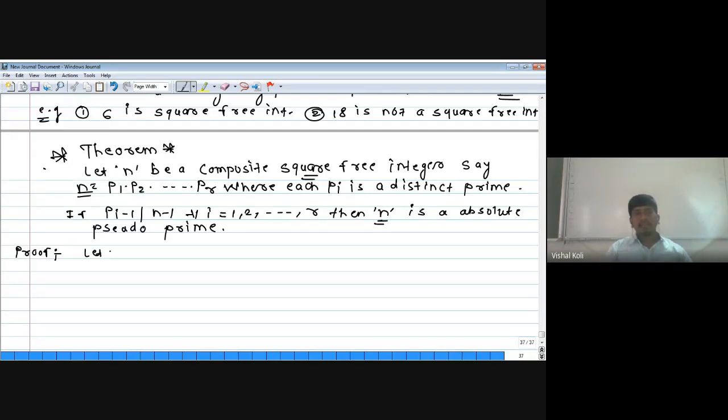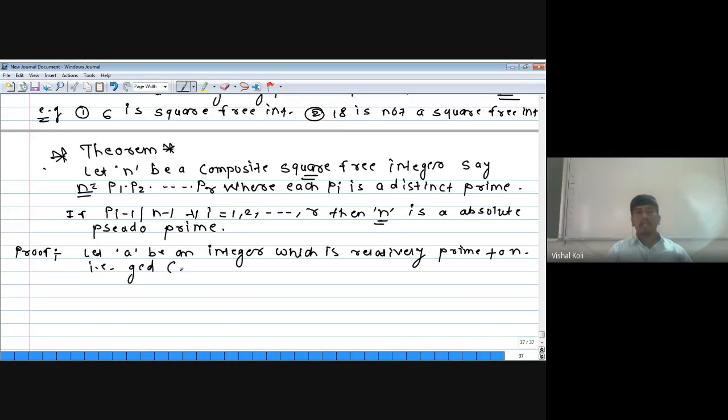Let small a be an integer which is relatively prime to integer n, that is, GCD of a and n is equal to 1.